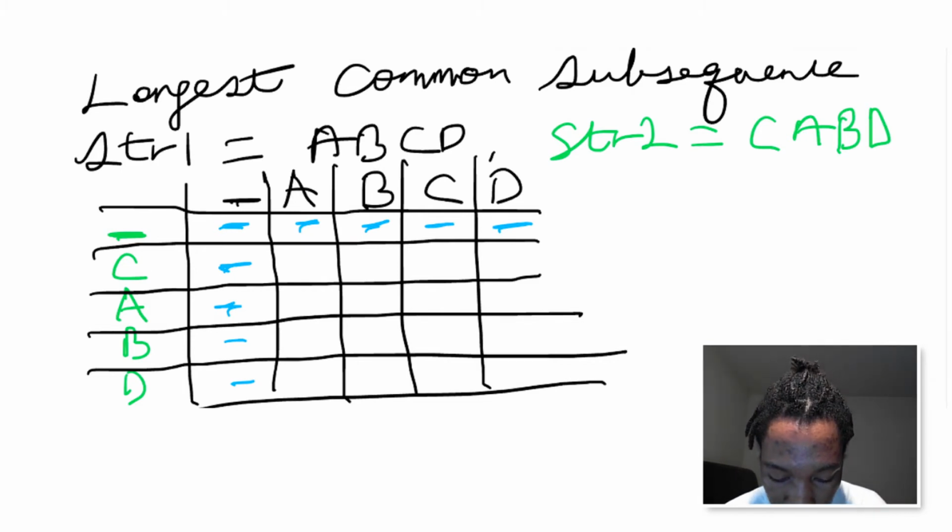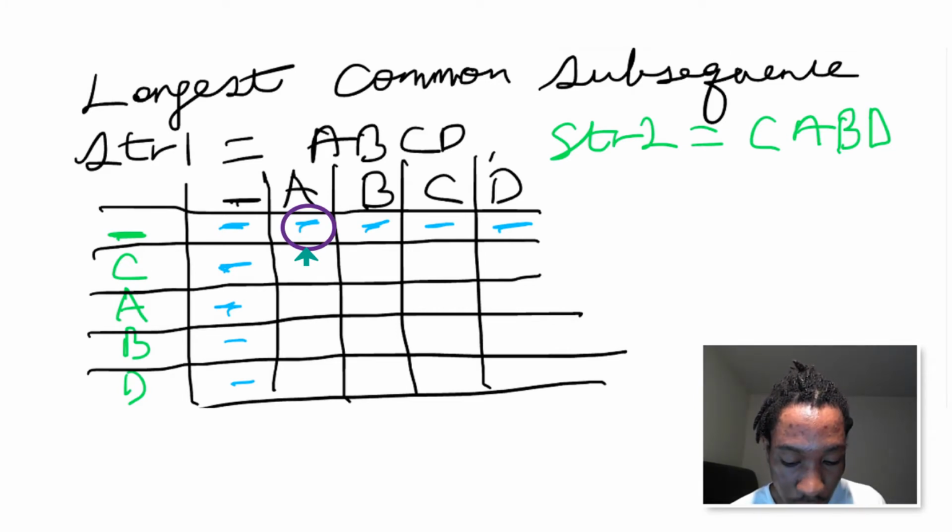So now we get to this cell right here. We're comparing C and A, and then we ask ourselves, is C equal to A? No, C is not equal to A. But what do we put in this cell? Well, we look above us and say, what's the longest common subsequence without C?